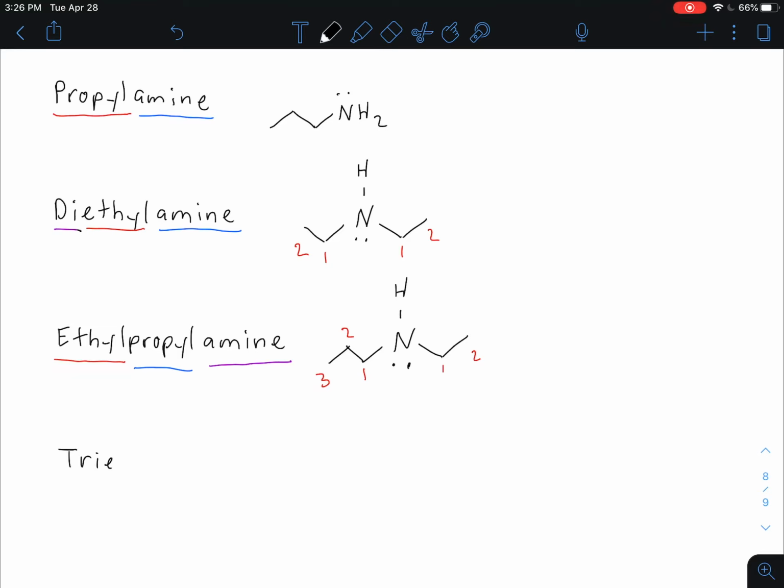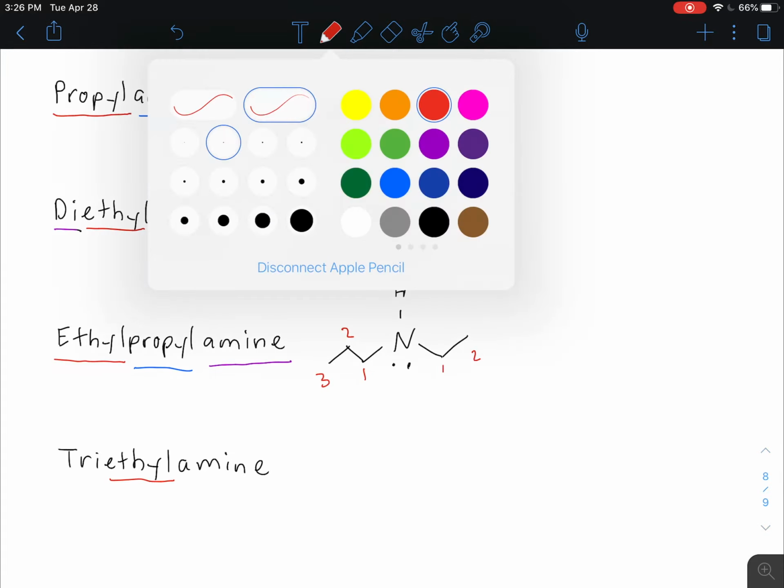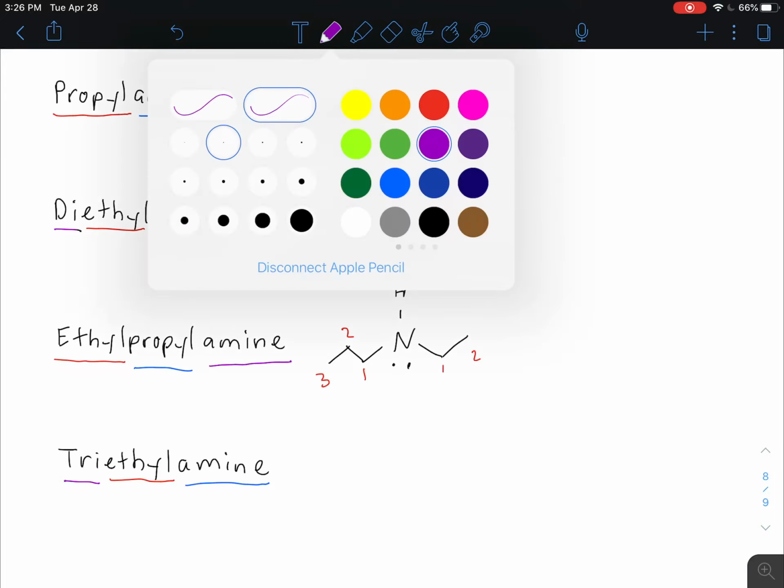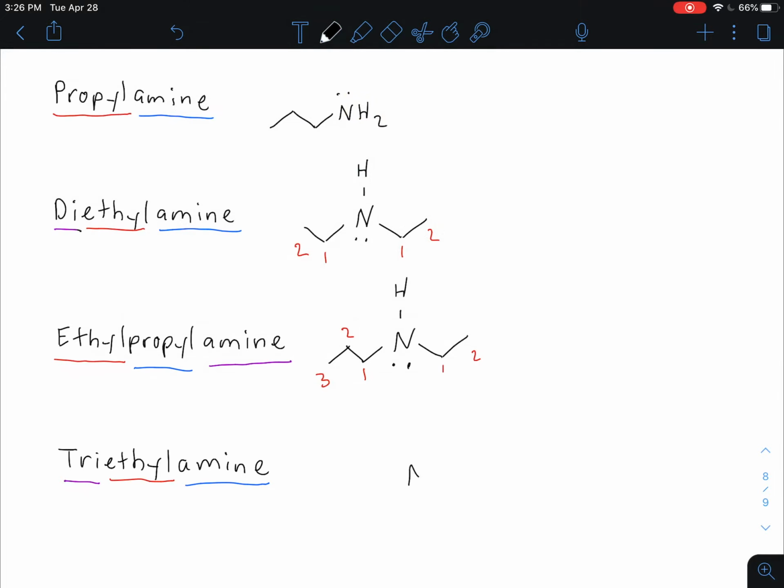And then we could have an amine with 3 groups. Let's just say we have one with 3 identical groups. I could have something called triethylamine. So here, ethyl and amine, and there's 3 of them.